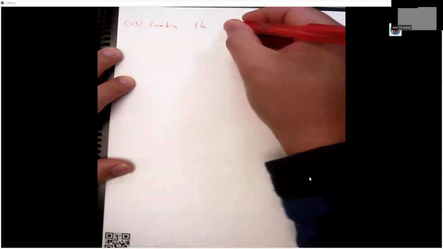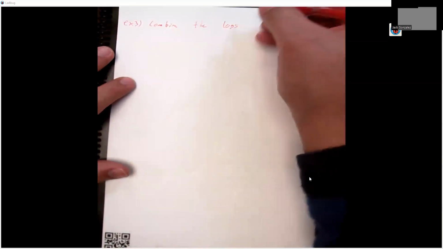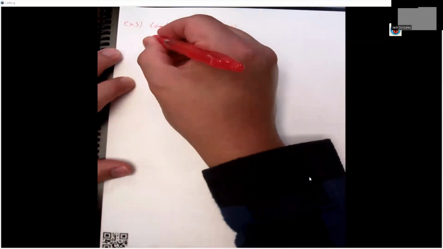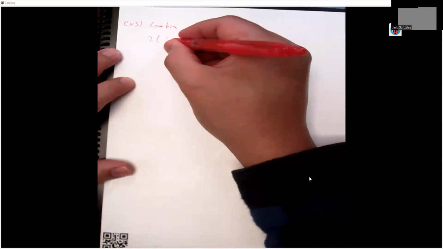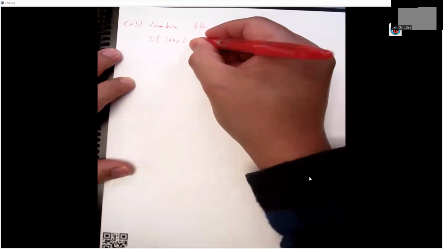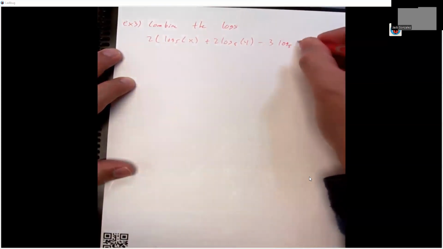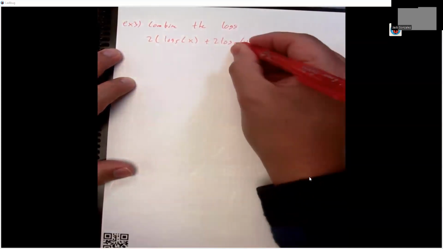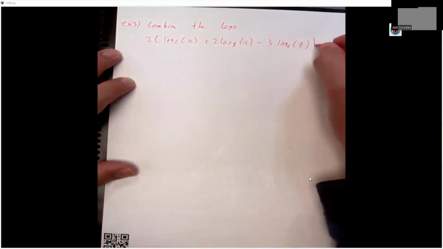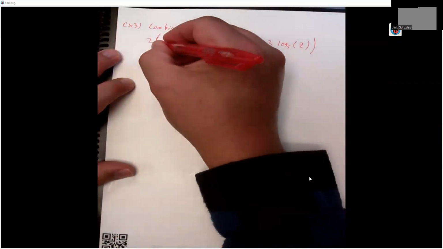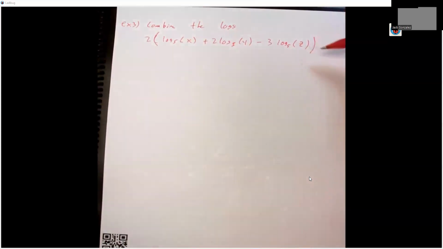Example 3, one more combination. So 2 times everything: log base 5 of x plus 2 log base 5 of y minus 3 log base 5 of z. So all the bases are 5s. My z's have lines through them because they look like 2s.